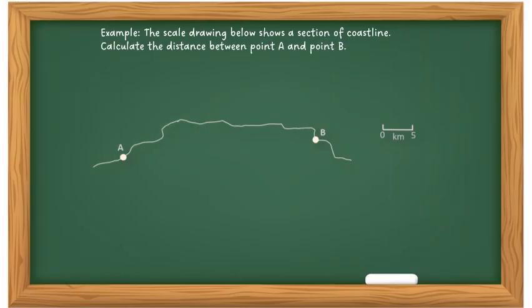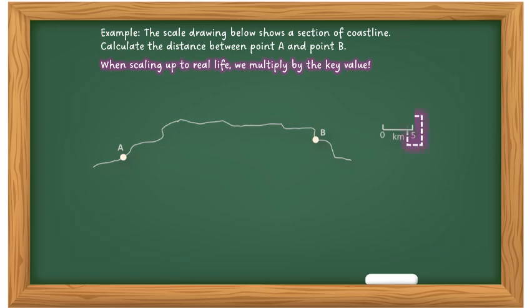Scale drawing. The scale drawing below shows a section of coastline. Calculate the distance between point A and B as the crow flies. When scaling up to real life, we multiply by the key value. What is the key value? Well, there's the key value there. It tells you that 1 centimeter is the same as 5 kilometers in real life.